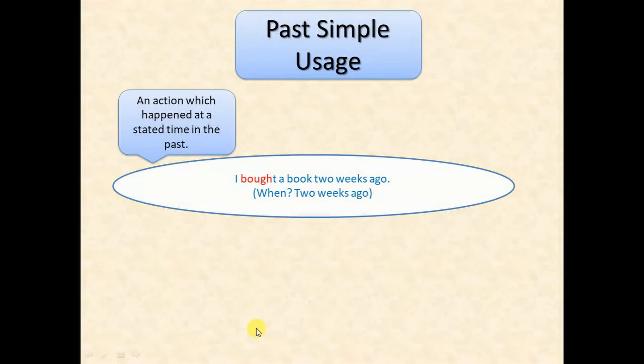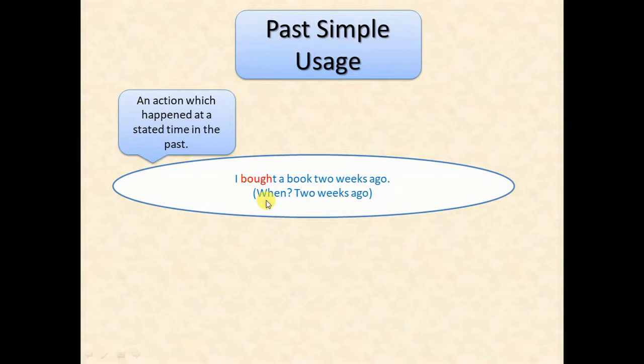Past simple is used to talk about an action which happened at a stated time in the past. Like here, 2 weeks ago is the stated time.